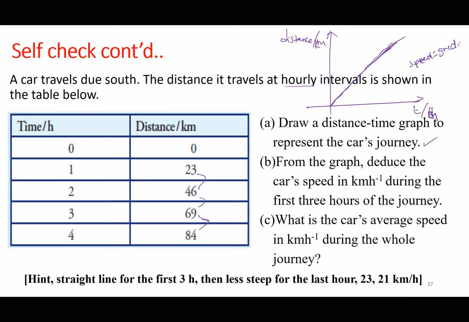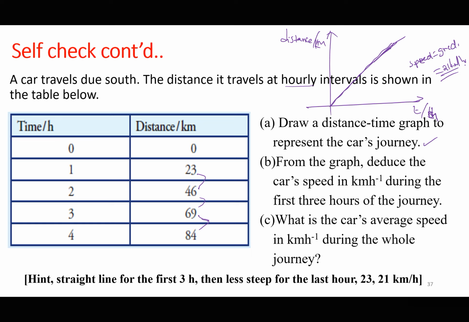Because there is no change in direction, I expect that your answer should be approximately 84 divided by 4, approximately 21. So the answer should be approximately 21 from the graph.